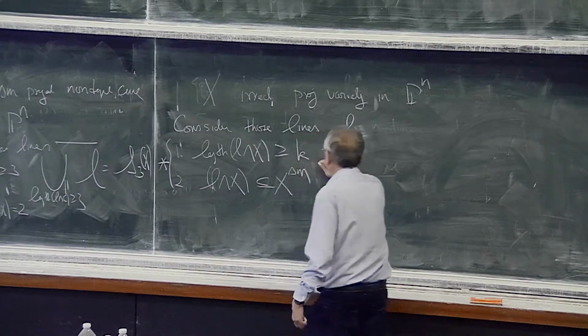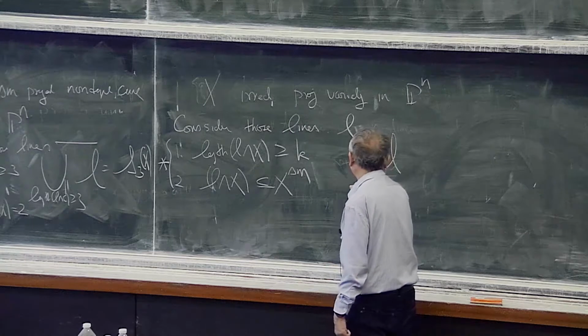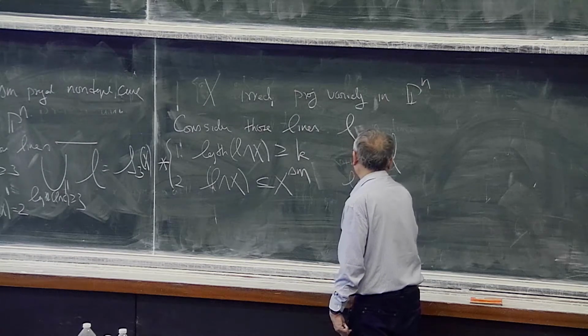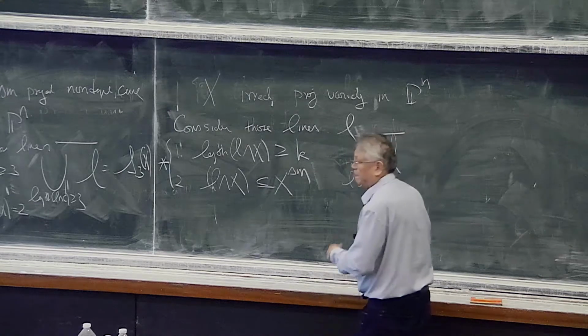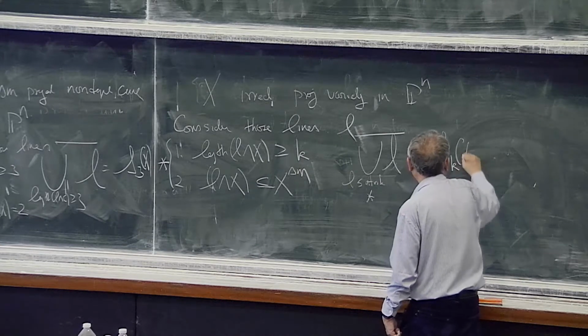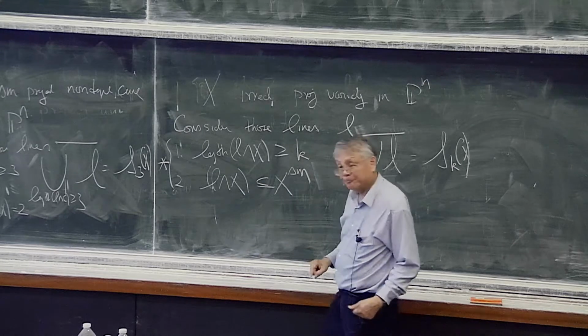Then I look at the union of all these lines, take its closure, and call this S_k of X. This is the k-secant variety of X. Of course, if X is smooth, then this doesn't matter.